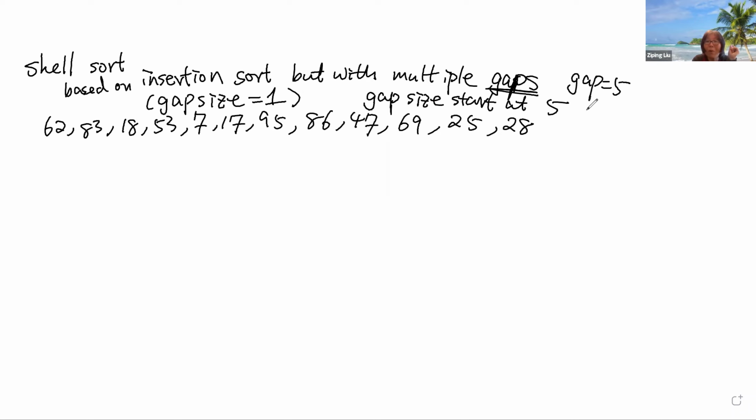Then where does the key start? 0, 1, 2, 3, 4, 5, so this is index 5, the starting key position.